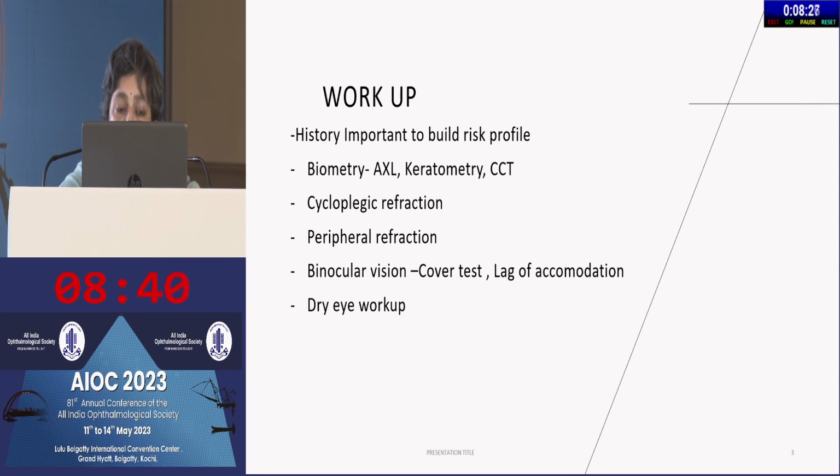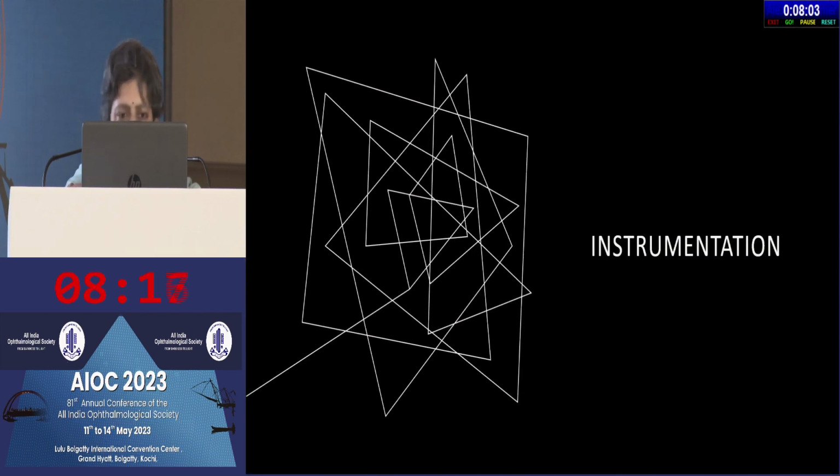We need to do a peripheral refraction using an open field refractometer if possible, or otherwise it is possible to do it manually. We also look at binocular vision, which includes cover test and lag of accommodation mostly, because lag of accommodation is important, again, from the intervention point of view. Some people even suggest doing a basic dry eye workup also.